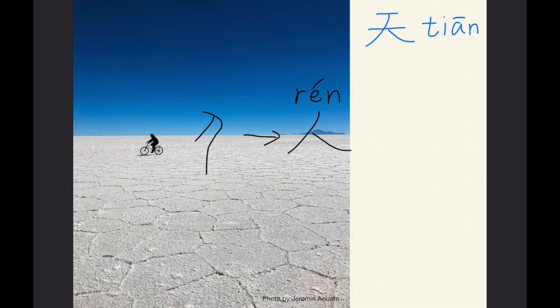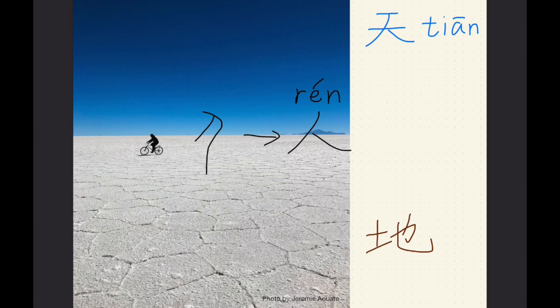Now let's get to the ground. First of all, the ground is made of earth, so we write the word for earth. And its ancient pronunciation is this character. The modern character for this one sounds very different from the ancient pronunciation.